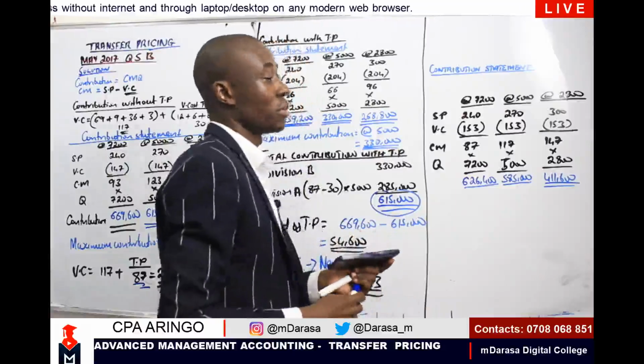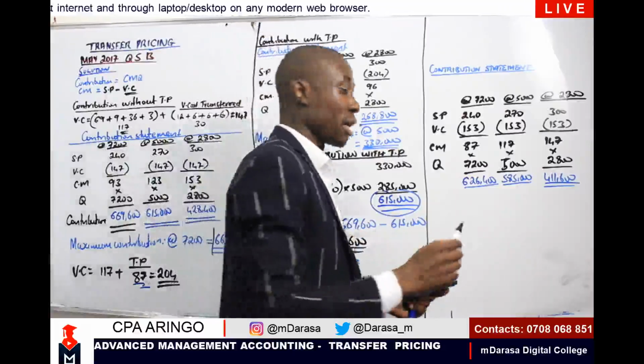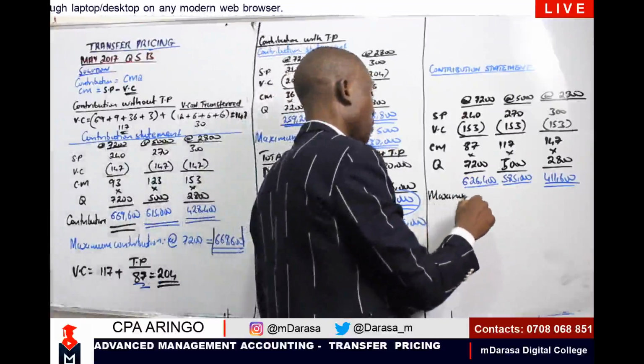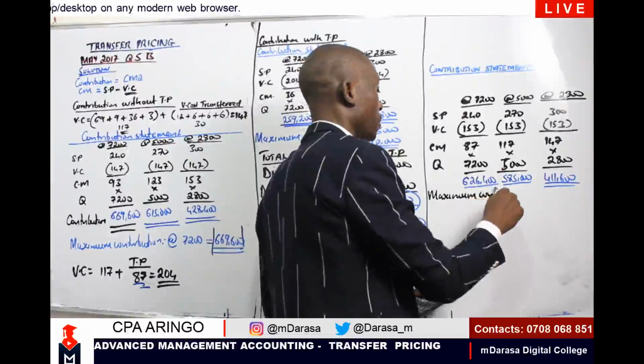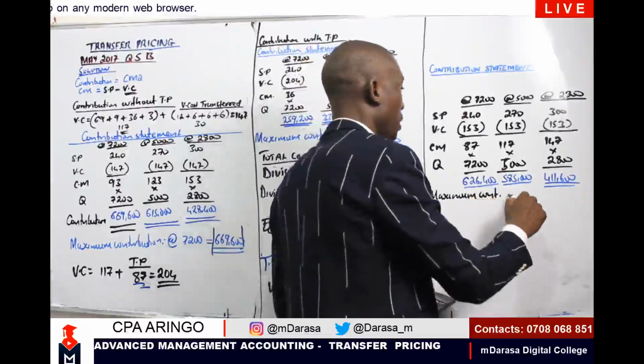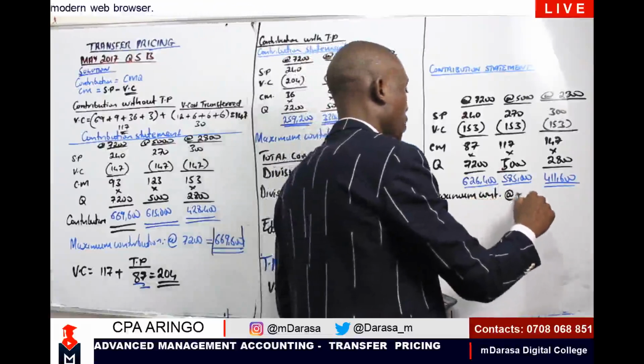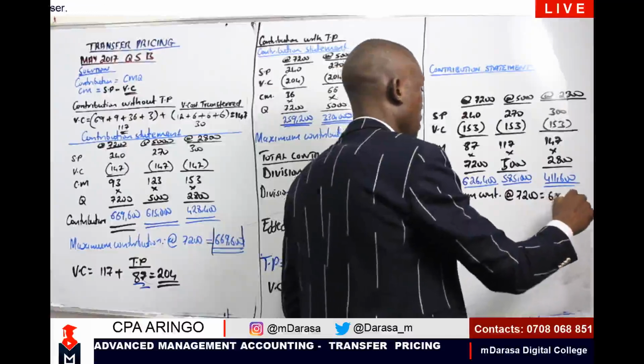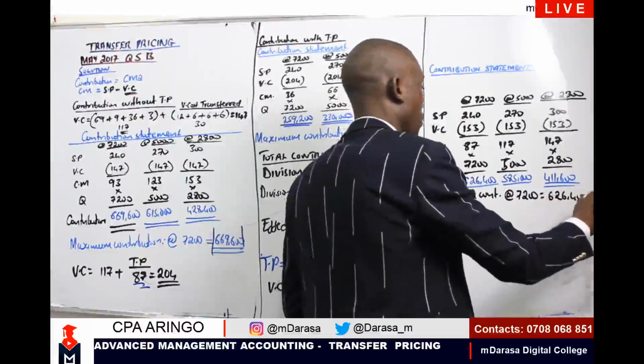Our maximum contribution is at 7,200, where we have 626,400.